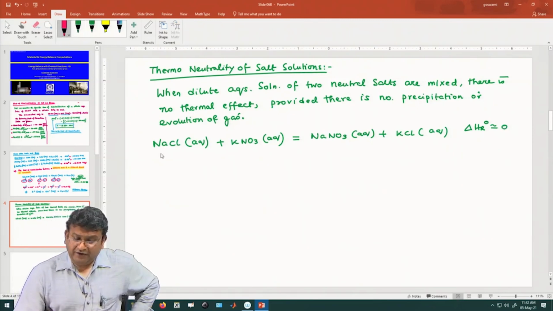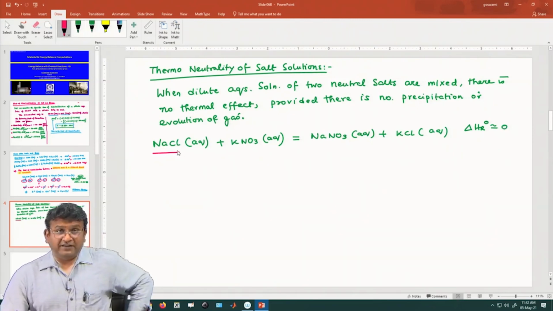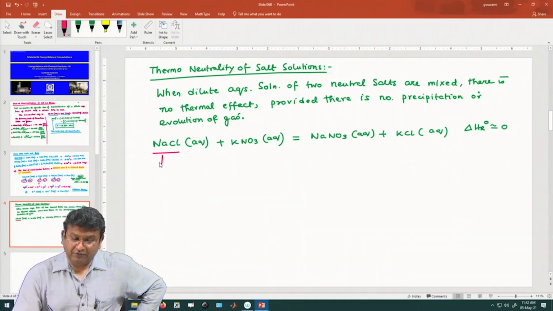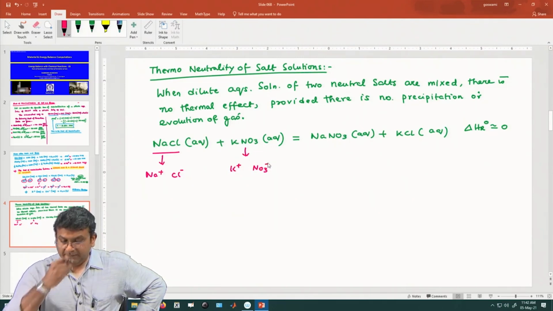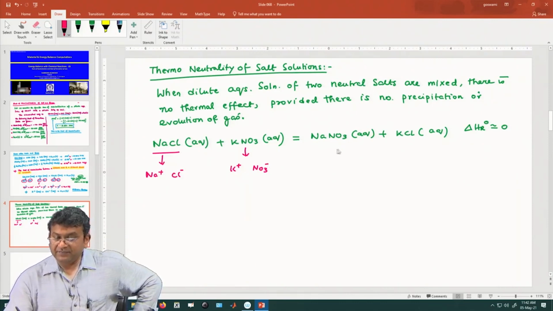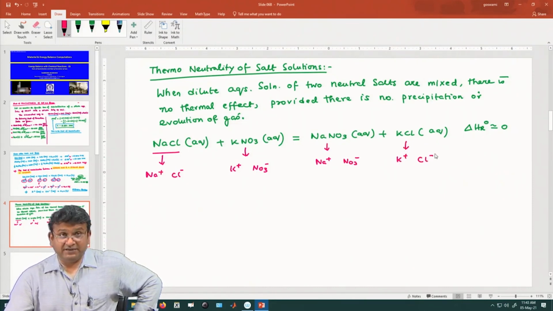So, what type of salt is NaCl? It is a salt of a strong base and a strong acid. Therefore, in an aqueous medium this will remain fully dissociated, as Na plus and Cl minus. Same with KNO3, it will remain dissociated as K plus and NO3 minus. NaNO3, well, and this one K plus and Cl minus.